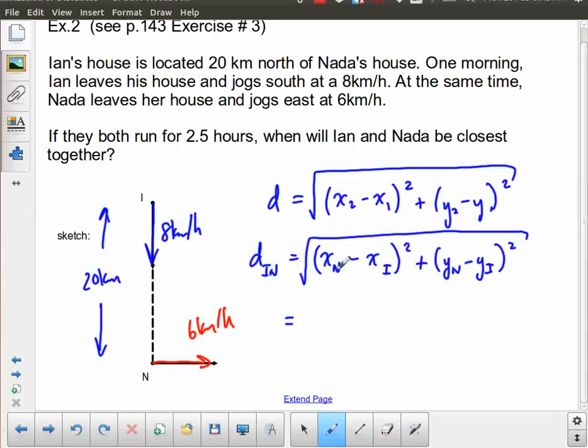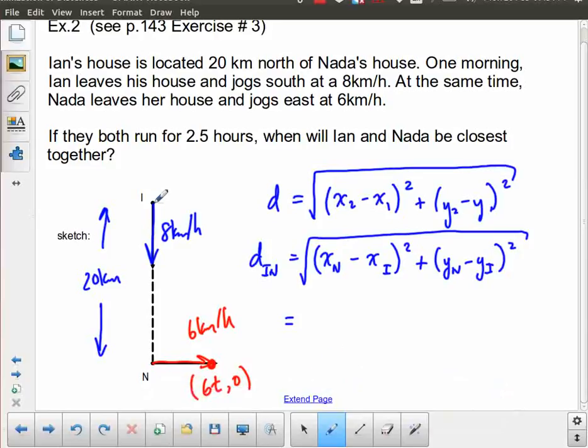What is Nada's x-coordinate? Well, Nada's x-coordinate is based on how far she's traveled, because she's changing in the x direction. So at any point, her x-coordinate is 6t, but her y-coordinate stays 0.